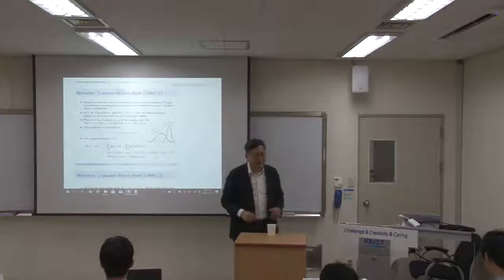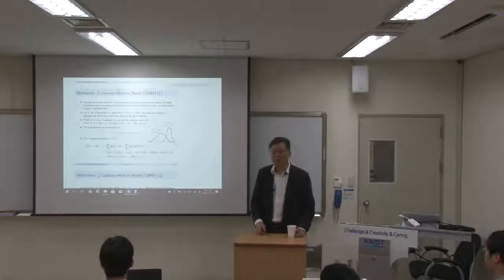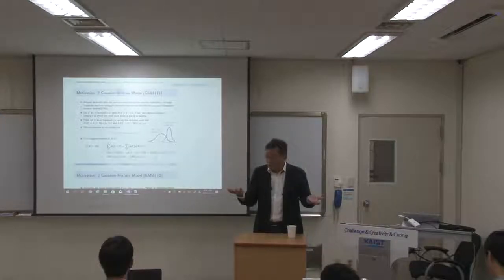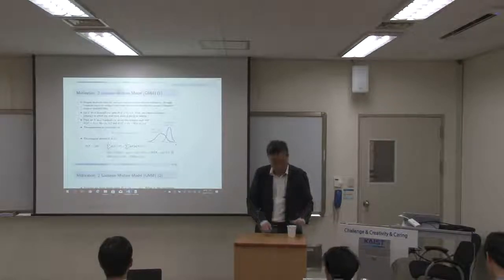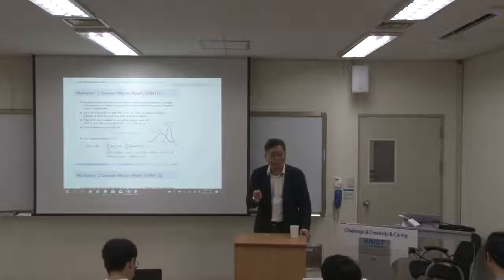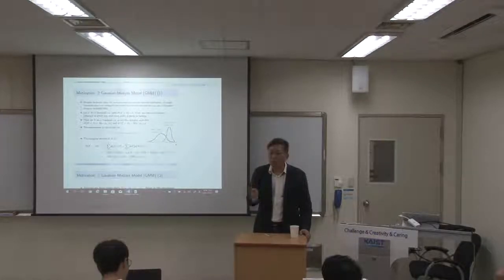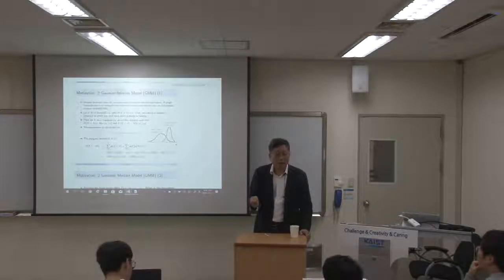So this is like doing this. I have two Gaussians, red and blue. I have a coin. Probability of heads of this coin is pi. Tails is 1 minus pi.